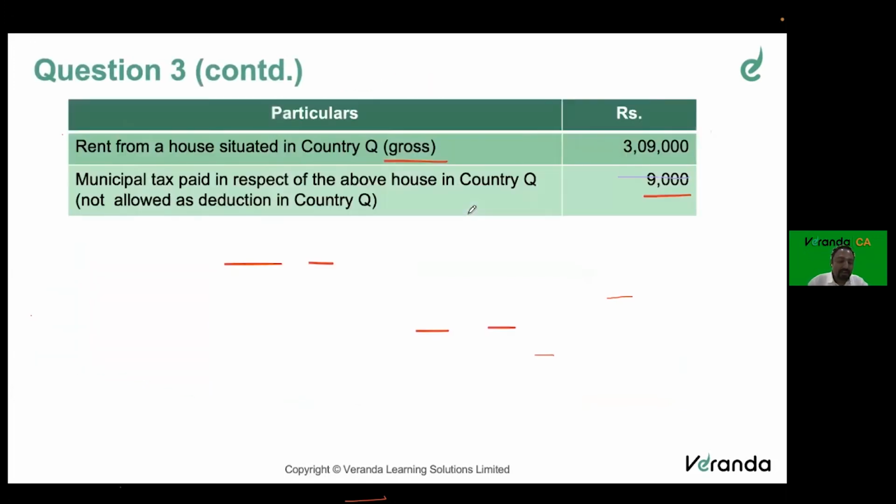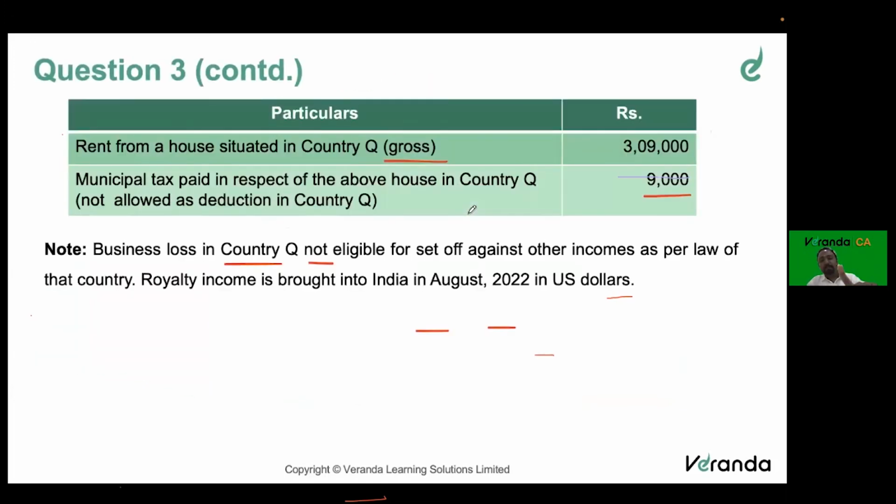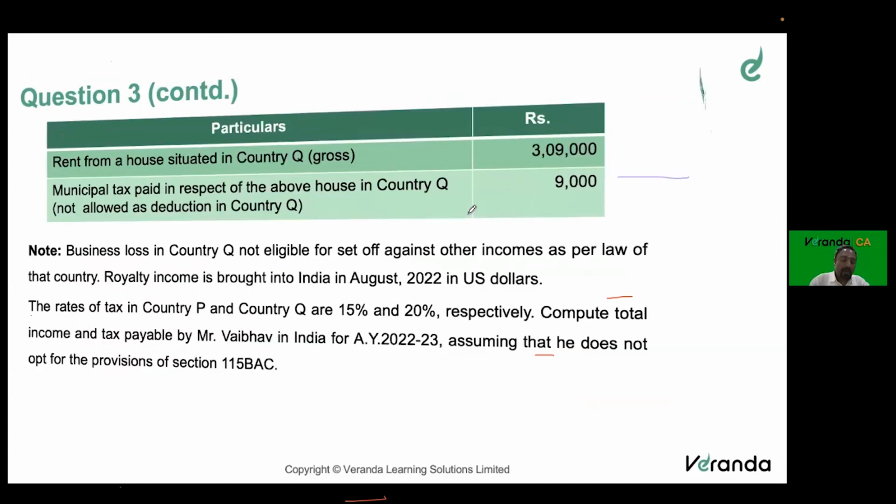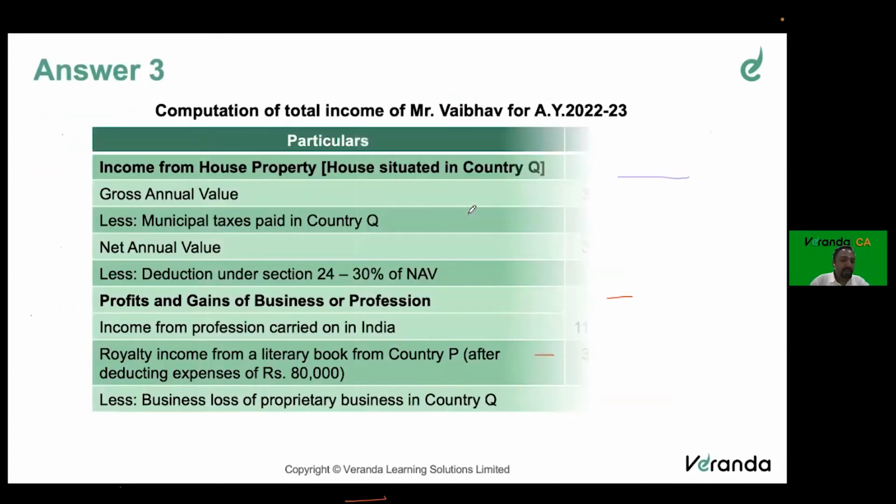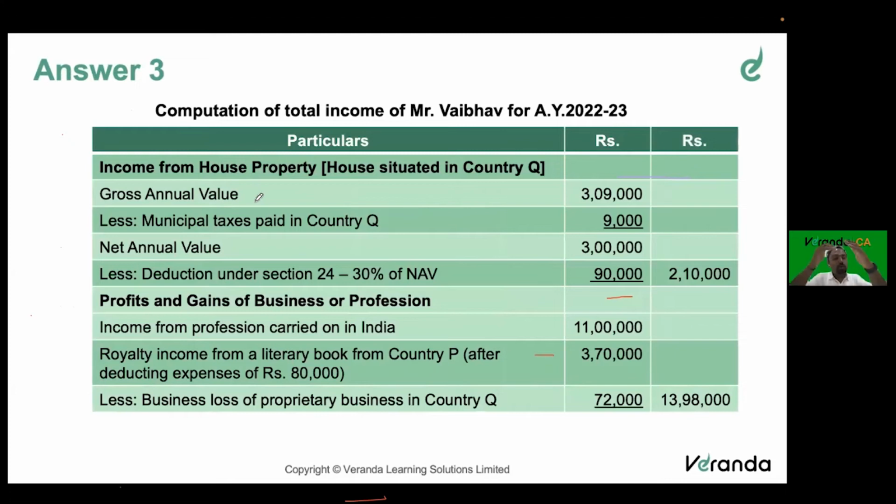Let's understand that. The first step of this question is computing the total income taxable as per the Income Tax Act. So now let's compute. We have various incomes, and you go in that order: income from salary, house property, then business or profession, then capital gains, then other sources.